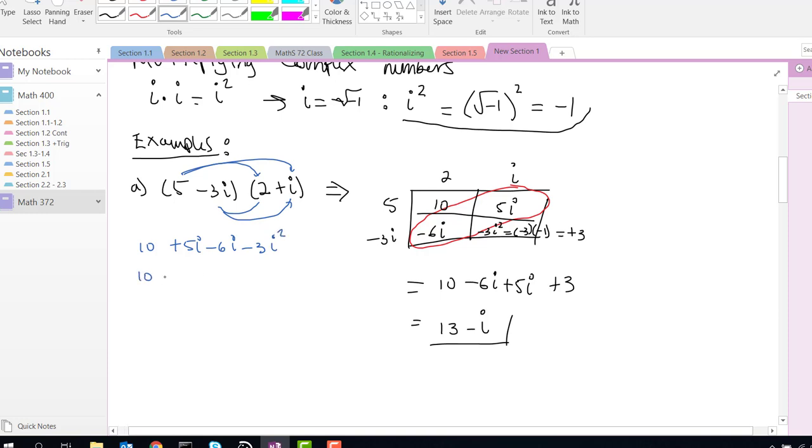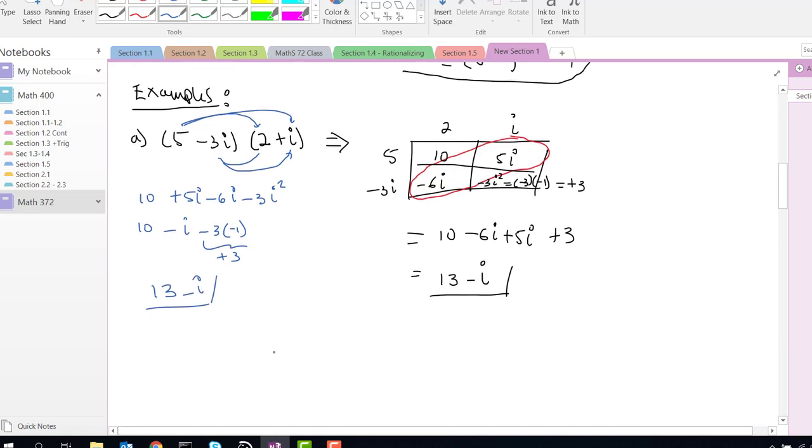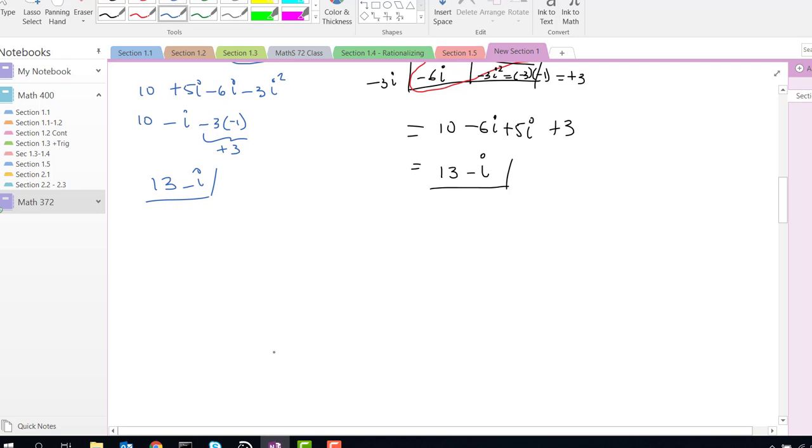And so here we have 10 minus i, and again the i squared is minus 1, so you have minus 3 times minus 1, and that becomes a plus 3. So you get 10 plus 3, 13 minus i, and we get the same answer. So it's really just preference. Which method do you prefer? Let's try another one. B, if I do 4 minus 3i times 4 plus 5i.